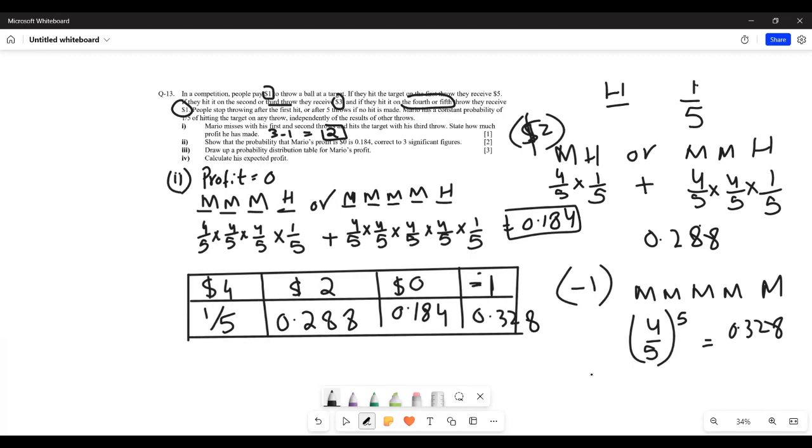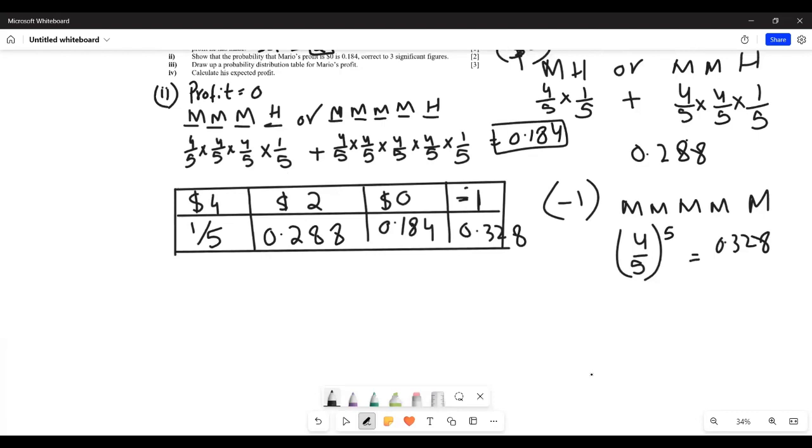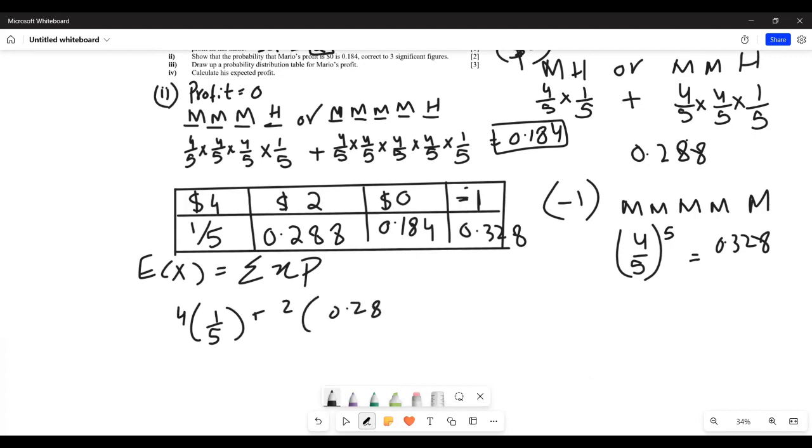Calculate the expected profit. The formula is expected value equals summation of x times probability. 4 times 1/5 plus 2 times 0.288 plus 0 times 0.184 minus 1 times 0.328.